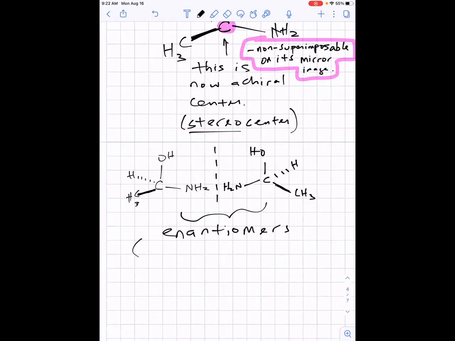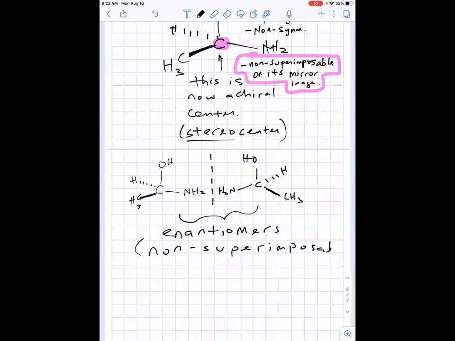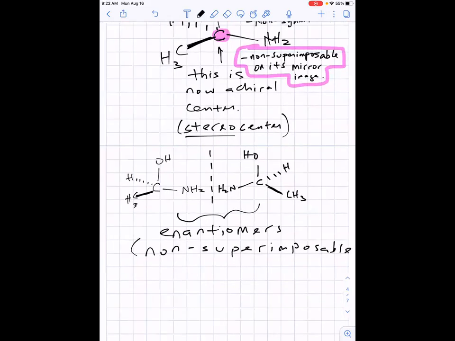They are non-superimposable mirror images. That's the definition of an enantiomer. Non-superimposable mirror images.